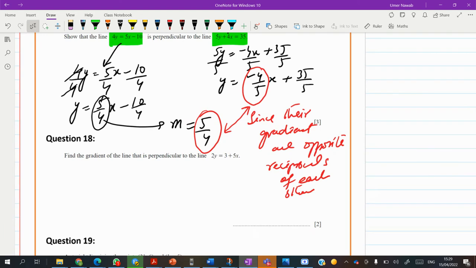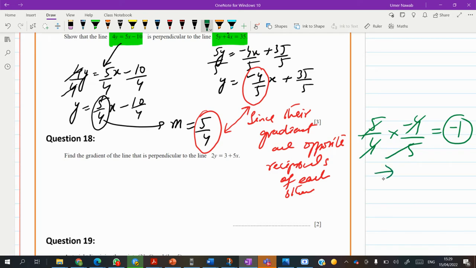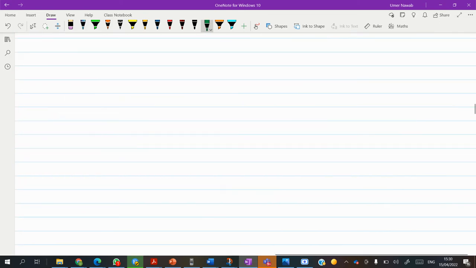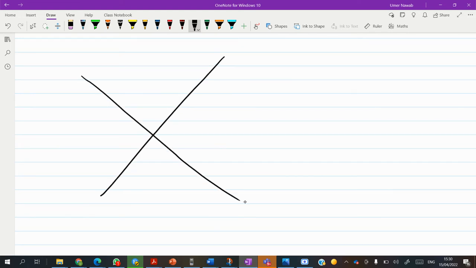Or in the exam, if you don't want to write this statement, you can say if we multiply the two gradients, we get minus one, then the two lines are perpendicular. This is the rule, guys: if the two lines are perpendicular, their product should be minus one.